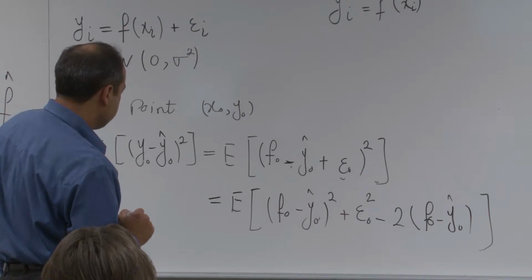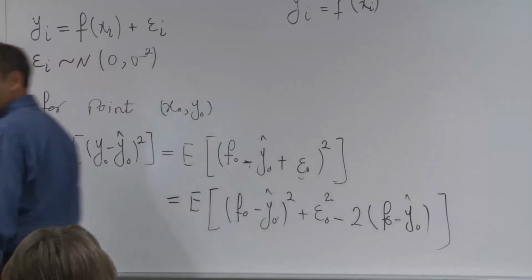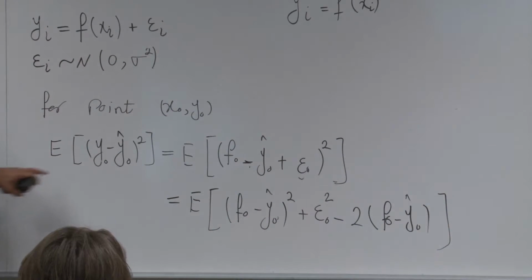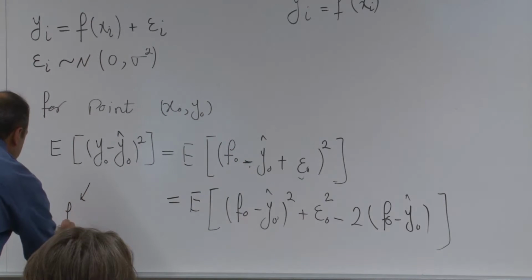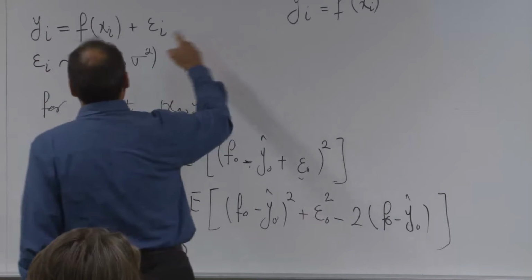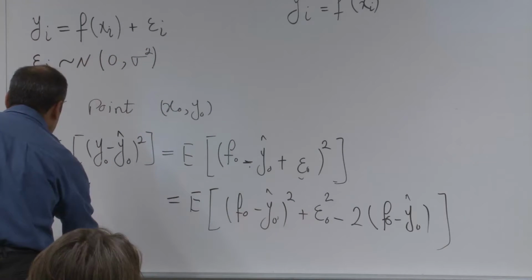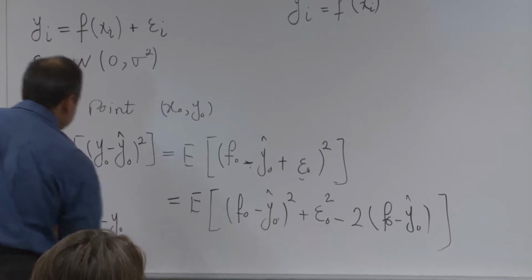Shouldn't you just have your error term left? Because if you're not minimizing the error, everything cancels except for the epsilon. I think it's right now. This y was f plus epsilon, then I had y hat here.